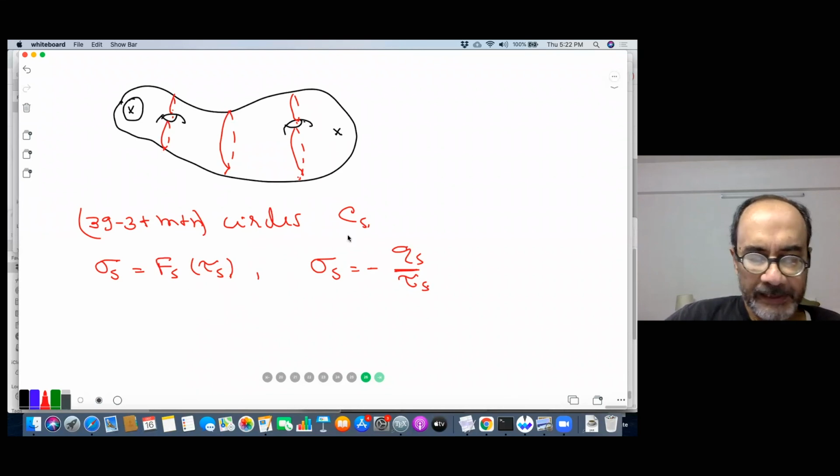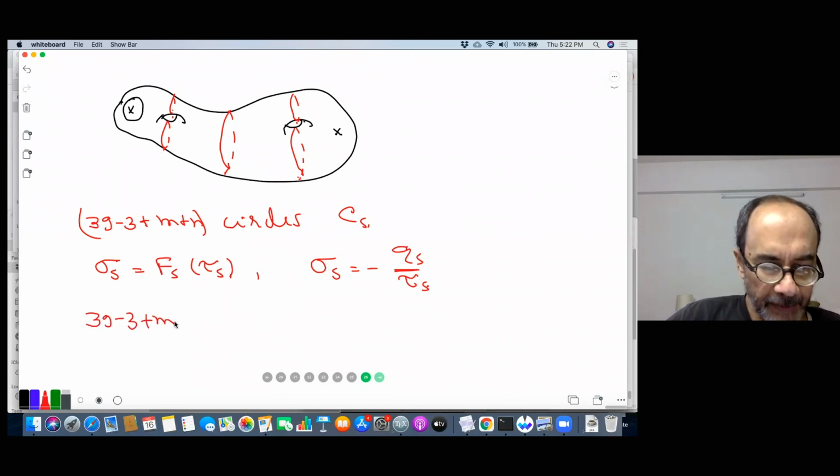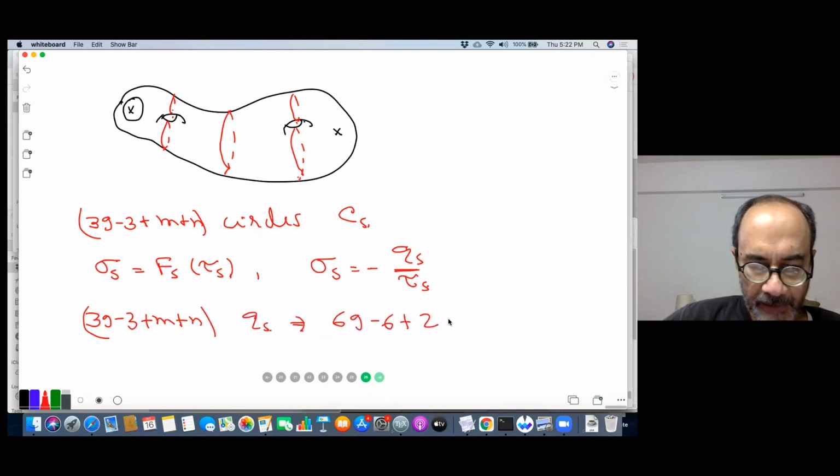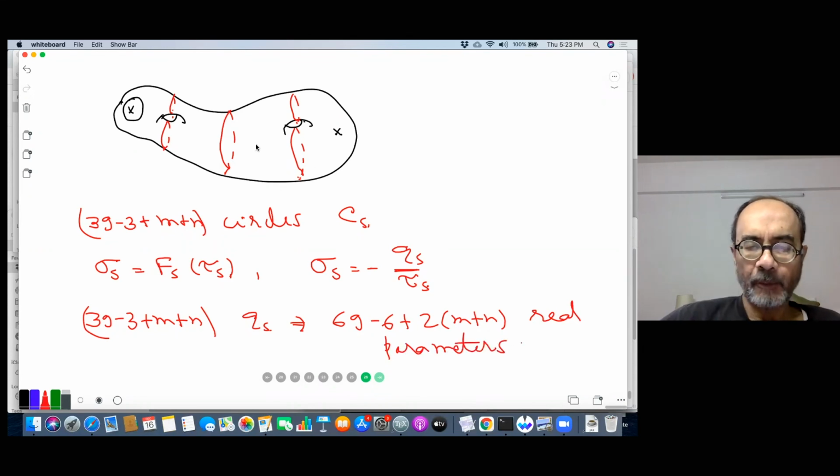So this gives you altogether 3g minus 3 plus m plus n q_s, which means 6g minus 6 plus 2m plus n real parameters, and this you can use to label the moduli space.